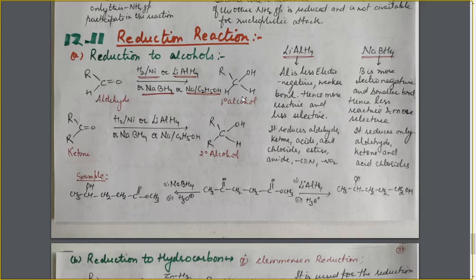Aldehyde will give us the 1 degree alcohol, and ketone will give us the 2 degree alcohol. This is the same alcohol from which these aldehyde and ketones are prepared during the method of preparation. We have seen that 1 degree alcohol on oxidation will give the aldehyde, and 2 degree alcohol will give the ketone. Now the reverse reaction is taking place. So during the reduction, the aldehyde will give us the 1 degree alcohol, and ketone will give us the 2 degree alcohol.